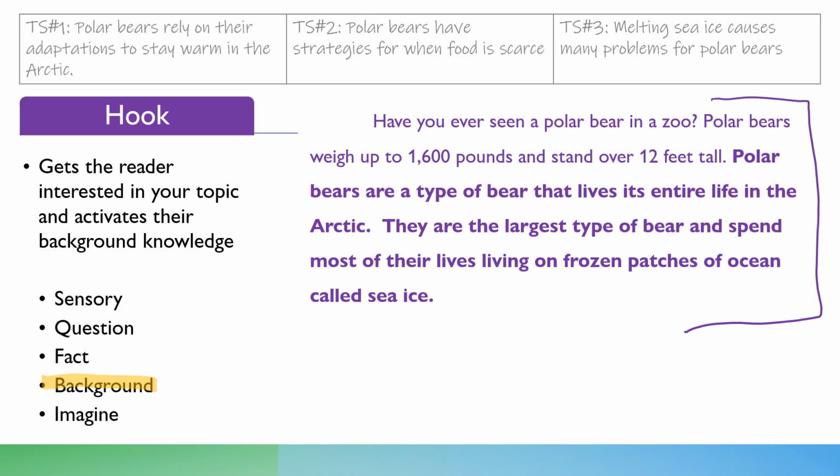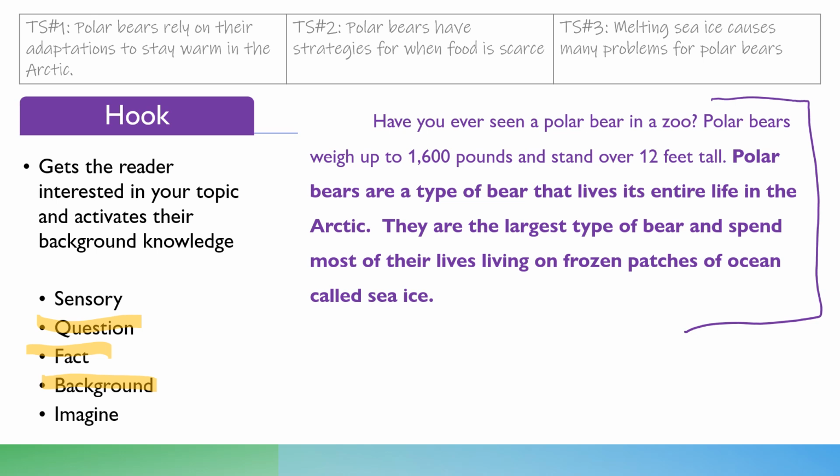I used 3 different strategies. I used the question strategy, the fact strategy, and the background. By combining all 3 of these, I've written a much more compelling hook that helps engage my reader and activates their background knowledge. So those are the strategies that we can use when writing an informational hook.